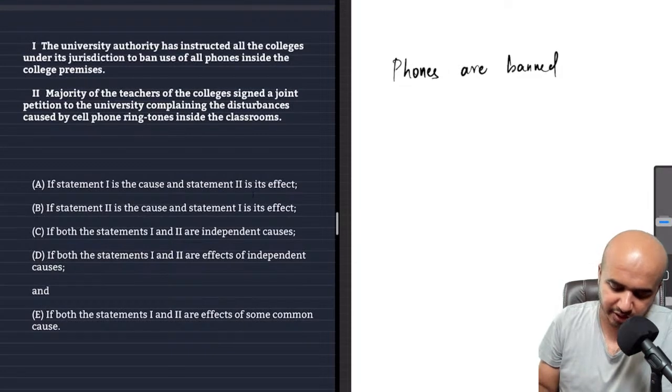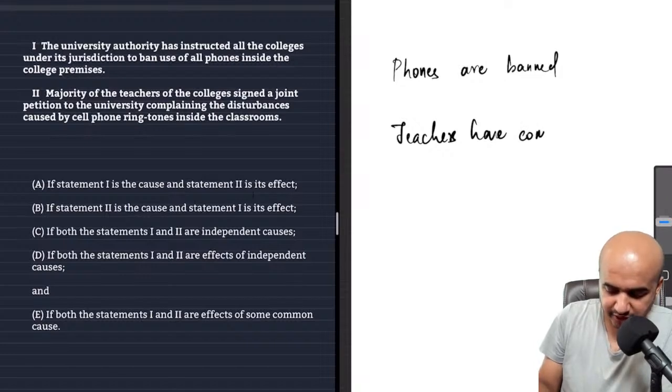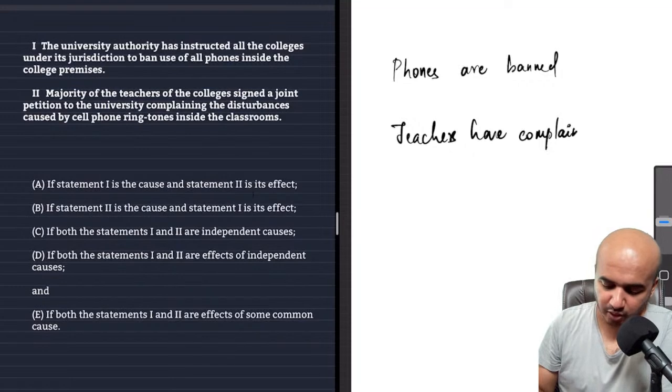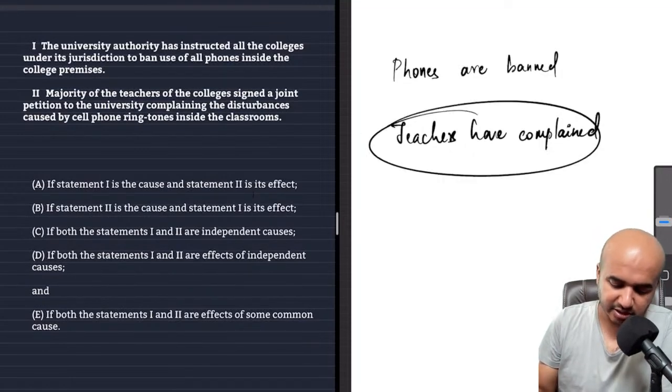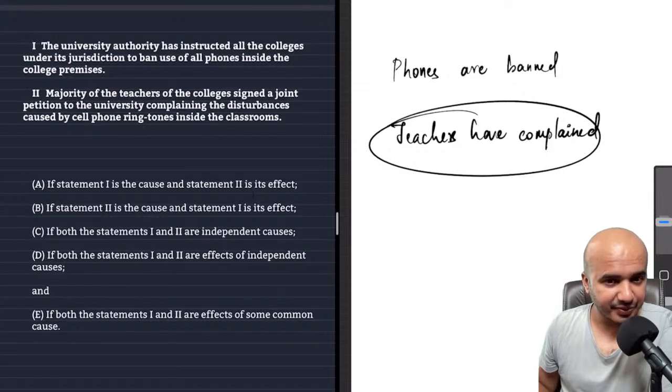So now teachers have complained. Since the teachers had complained, what did the university authorities do? Because of this, that is teachers complaining, the phones were banned. So easily we can establish a cause and effect relationship between statement 1 and 2.